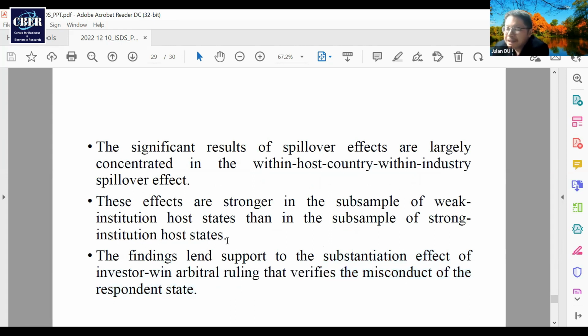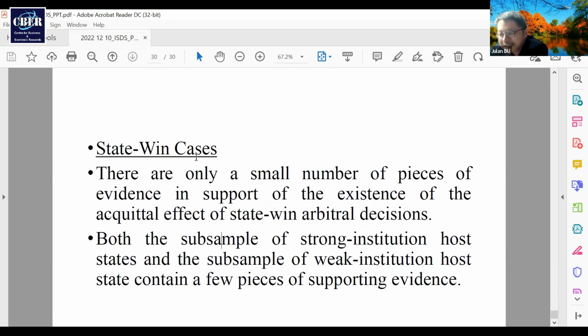So they could generate negative effects on merger deal flow to the respondent state. But state win cases exhibit much weaker results. Probably this kind of acquittal effect is relatively quite weak. Okay, so because of time constraint, I have to stop here. Thank you.